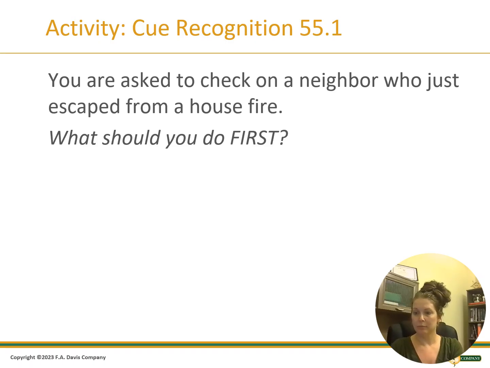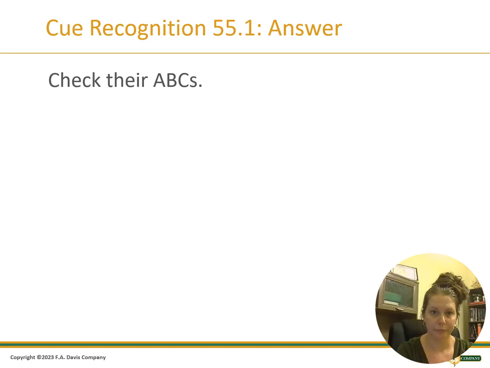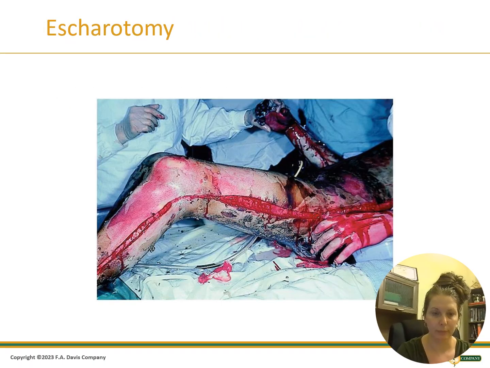Okay. Next, we have several activities. Excuse me. Nope. I can't go back. Okay. So what it talked about, though, was our skin grafts. Okay, I have tried to go back to the skin graft, and it will not let me. So I will explain it.